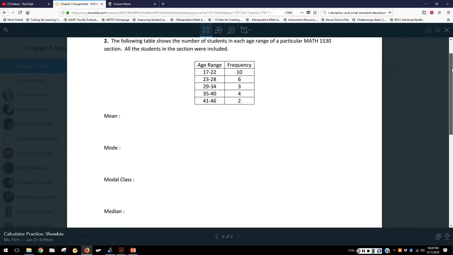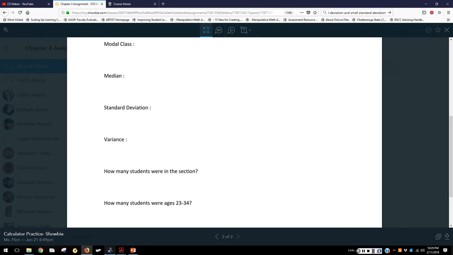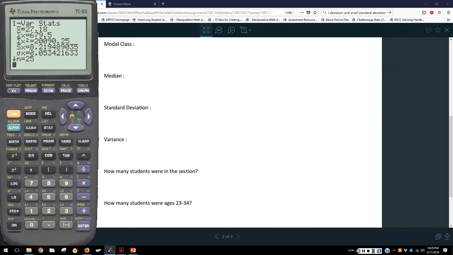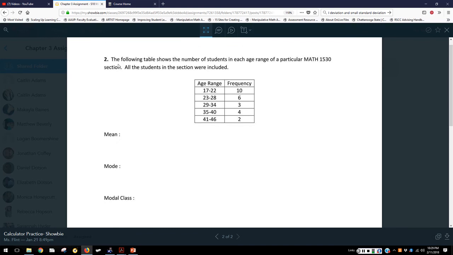We can also calculate the standard deviation and the variance. The standard deviation, since this was a sample of students, is 8.219, which we would round to 8.22 and use the symbol S, unless we were to decide that this was for some reason not a sample.